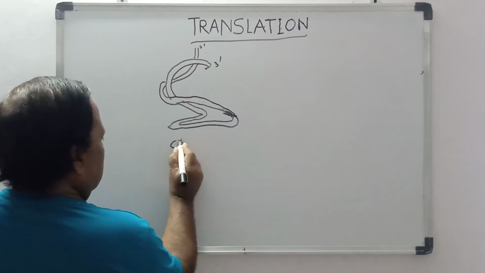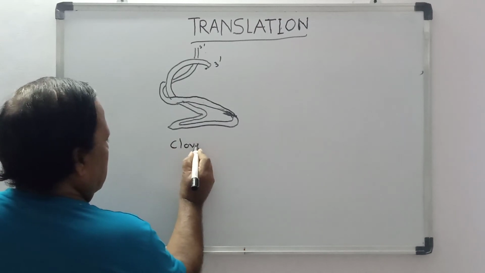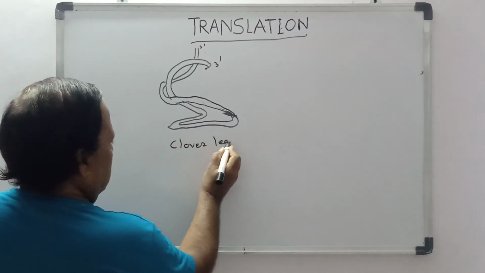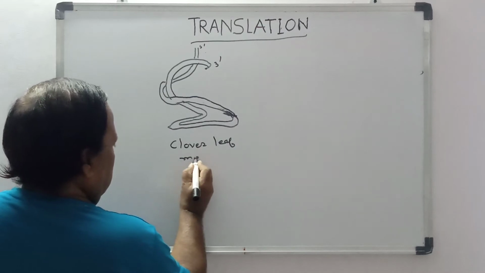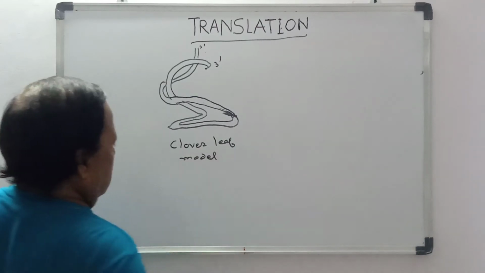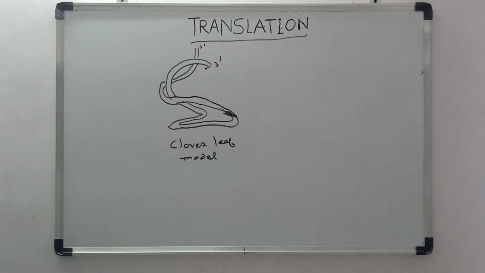And this model is called the clover leaf model. This is the clover leaf model of transfer RNA.